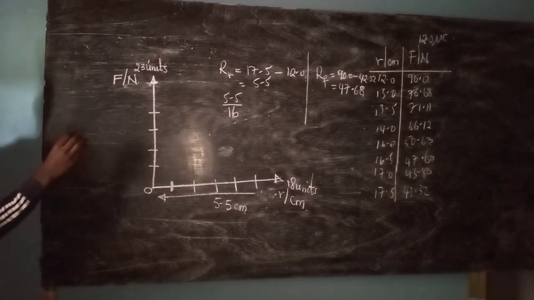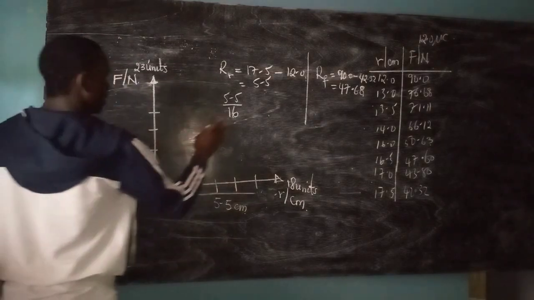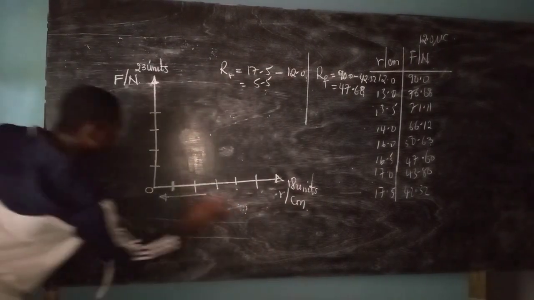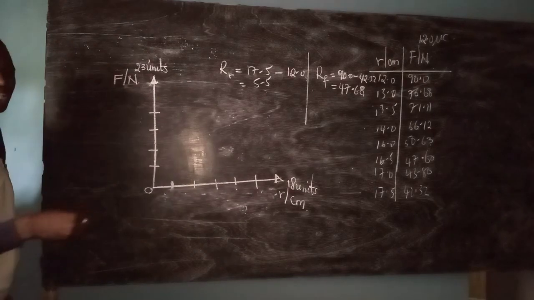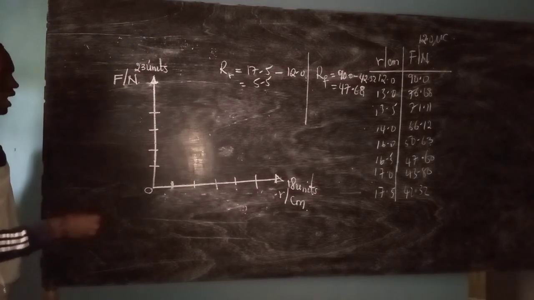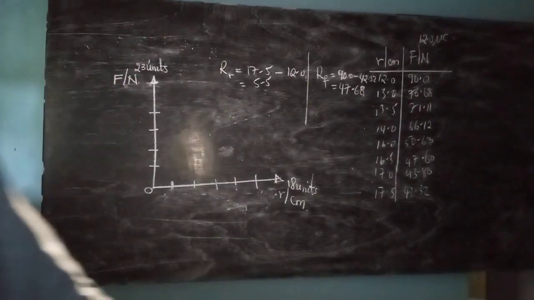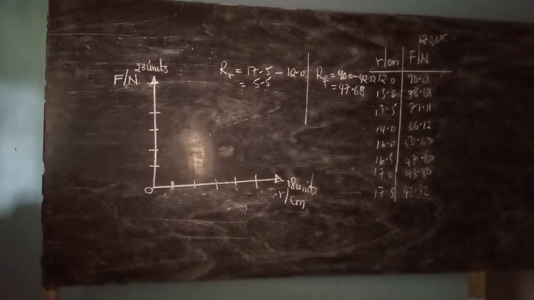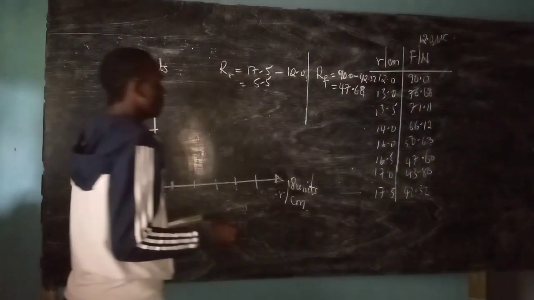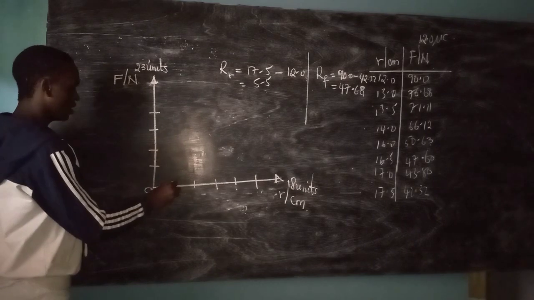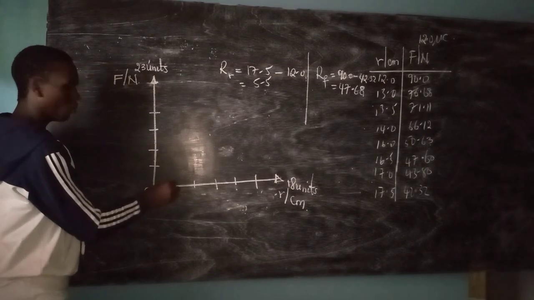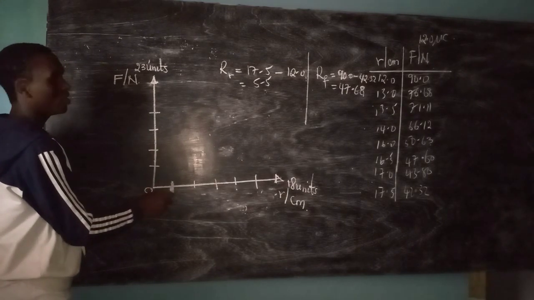So now from there, it follows that, look at it, you can still use simple proportion to do this. Like I said, you can use simple proportion to look for the value for 1 centimeter. How many units does it represent?